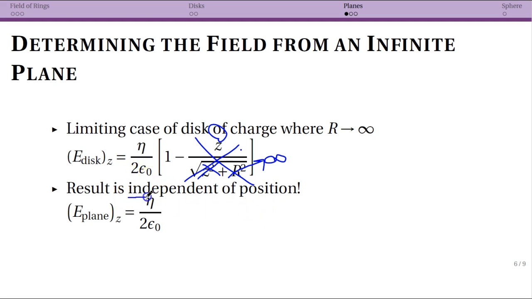Note what's happened. This is now independent of position. Z is completely gone. And this is actually quite striking and requires a little bit of interpretation. This mathematical result tells you that the electric field from an infinite disk, a plane, is independent of how far you are from the surface.